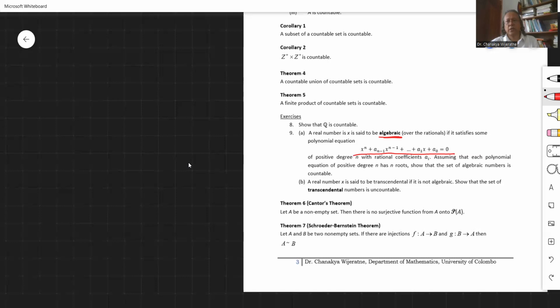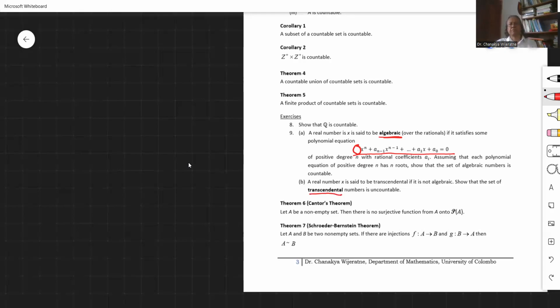Now you have to observe that having the coefficient of x to the n as 1 is not an issue, right? And then we call a real number x transcendental if it is not algebraic.